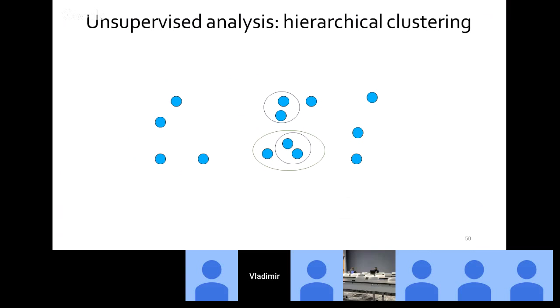But in this continuation, we need to define the distance not only between individual samples, but also between groups of samples, between our quasi-samples. Definitely, there are many very different ways of defining this distance between sets of samples.